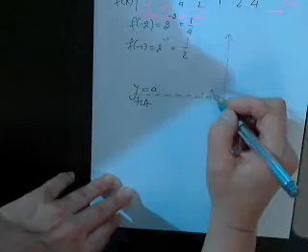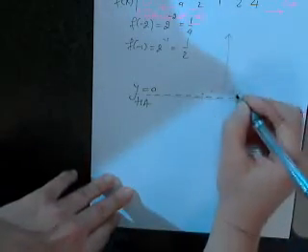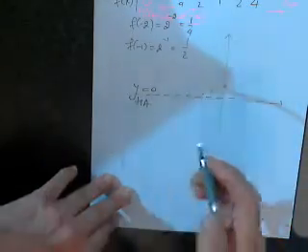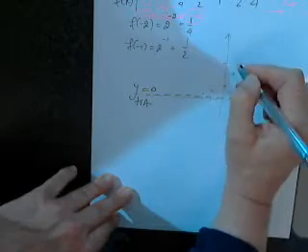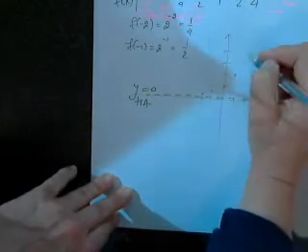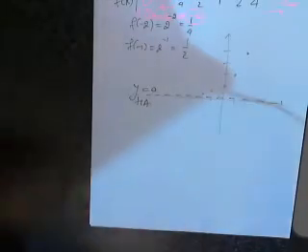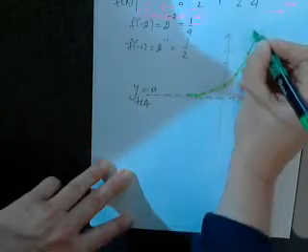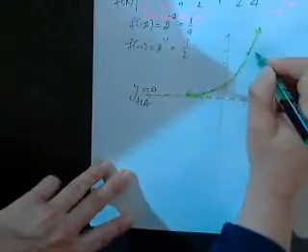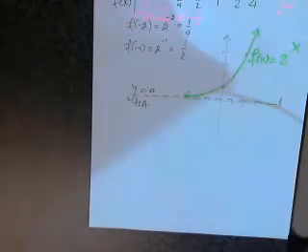Negative 1, 1/2. Good. The next ordered pair. Good. Next ordered pair. And the next ordered pair. So please pay attention to the graph. Here it is. It does not touch the x-axis. So this is the function f of x equals 2 raised to the x.